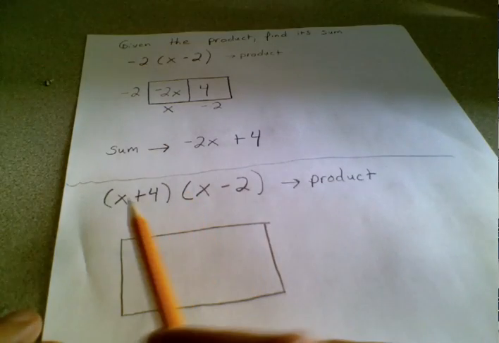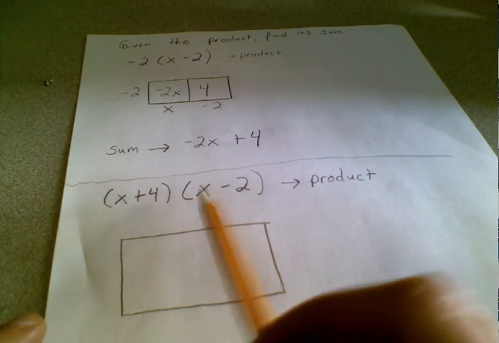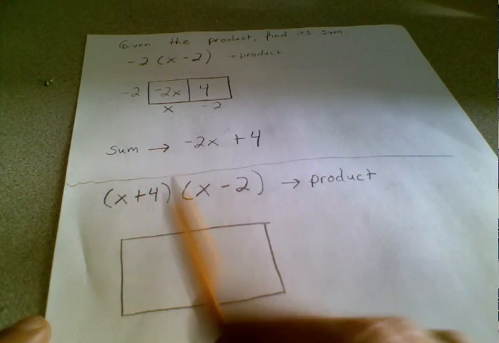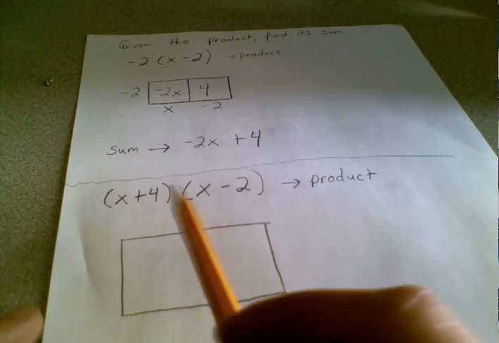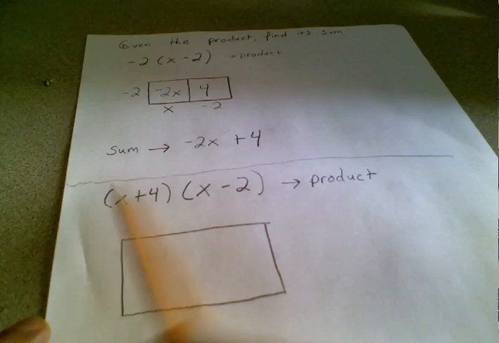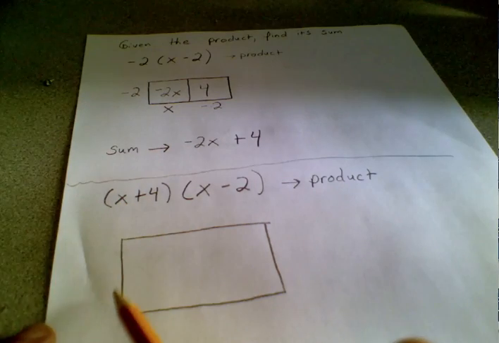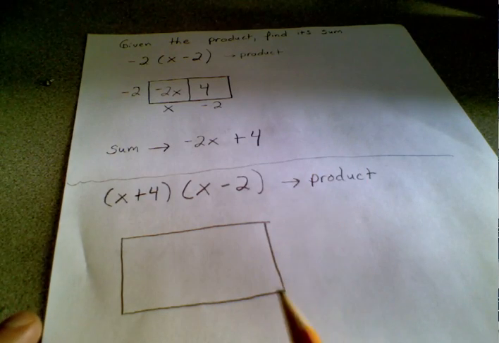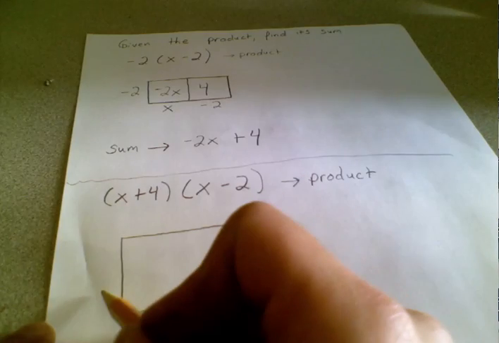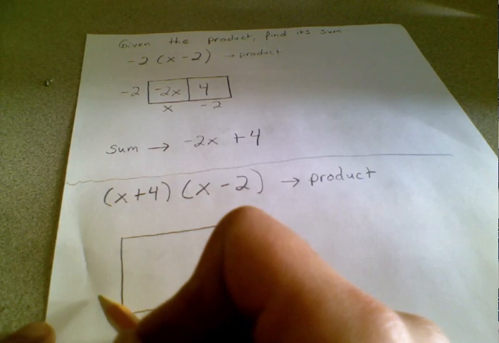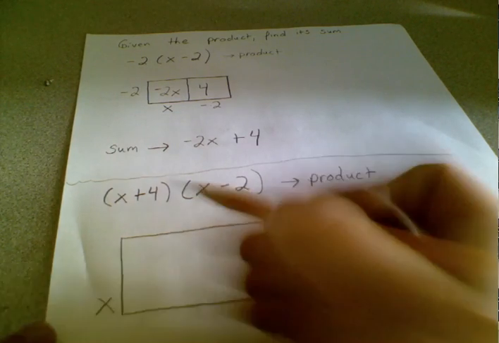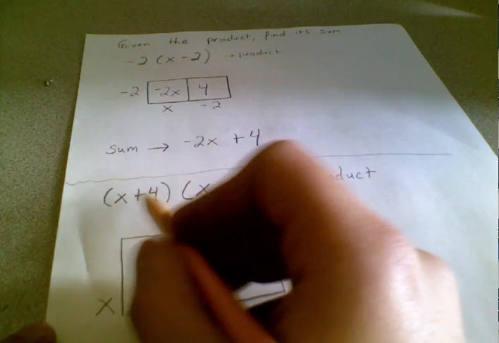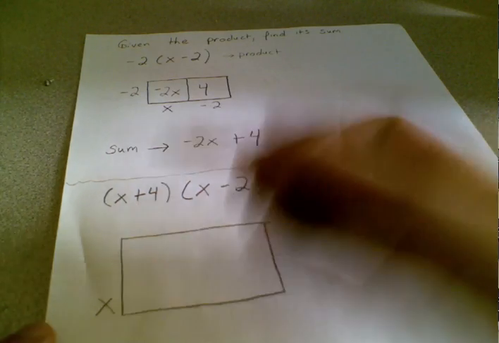I see the product here of x plus 4 times x minus 2. Again, it does not matter. I could put x plus 4 along my height, or I could put it on the base. What I like to do is put the first terms that I see, the x plus 4, along my height.